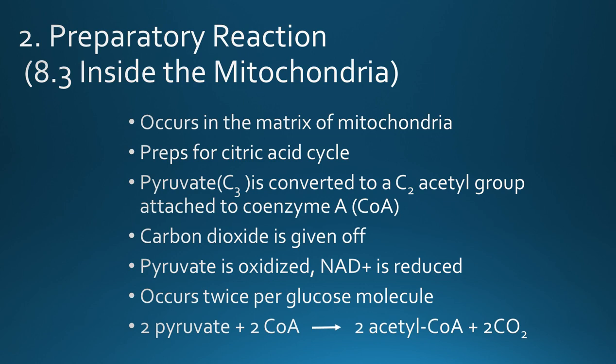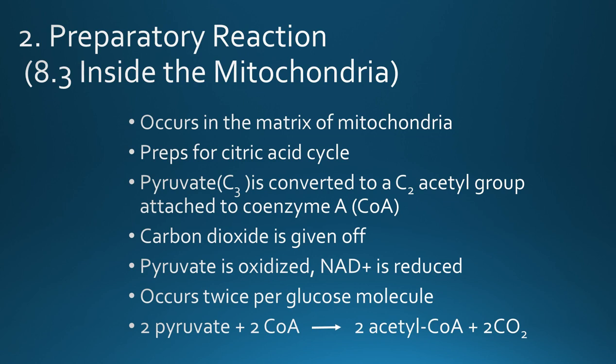Okay, prep reactions. This is going to get everything ready for the citric acid cycle. It's going to occur in the matrix of the mitochondria. The matrix is the space, not the cristae. Your pyruvate, that 3-carbon molecule, is going to be converted to a 2-carbon molecule, which is an acetyl group.